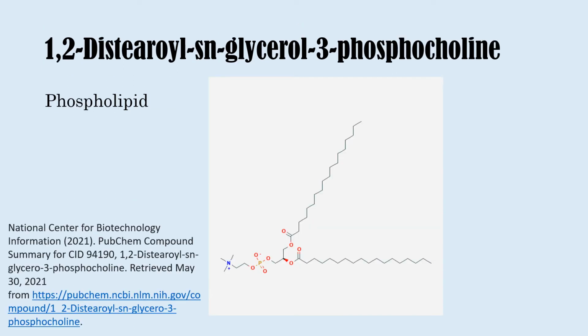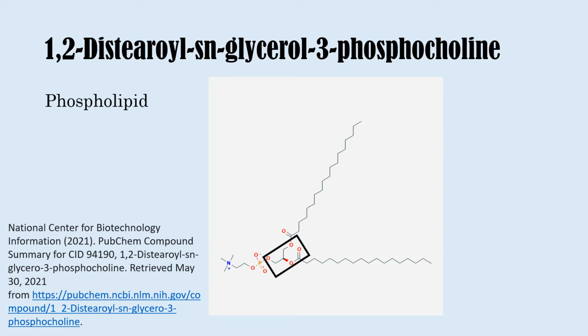And the third one is a phospholipid, and it's called 1,2-distearoyl-sn-glycero-3-phosphocholine. And this is a phospholipid, and if you look at it closely enough, you can recognize the typical glycerol kind of lipid. And here we have the glycerol.